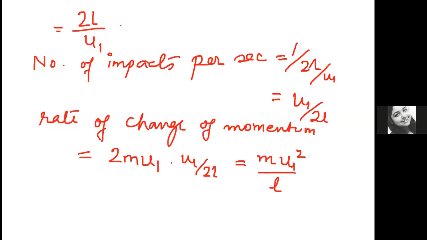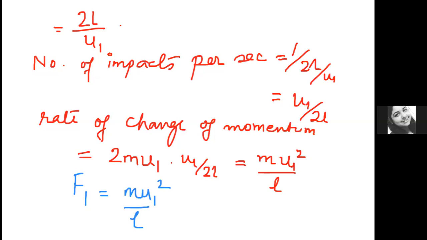So according to Newton's second law of motion, we know that the rate of change of momentum is equal to the impressed force. So if F1 is the force, then I can write that F1 is equal to mU1 square by L. It's very simple.